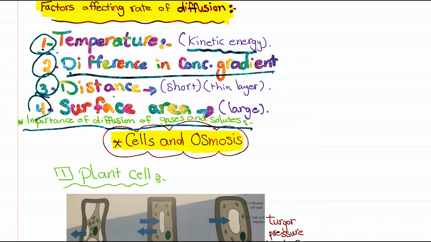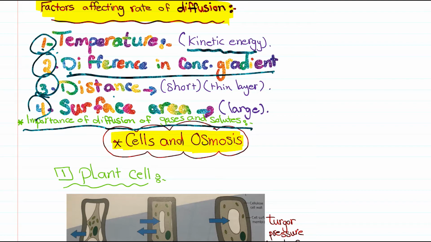Also we have glucose and amino acids in the small intestine. After eating a meal and after digestion, we have a high concentration of glucose and amino acids inside the small intestine, which diffuse from the small intestine into the bloodstream.